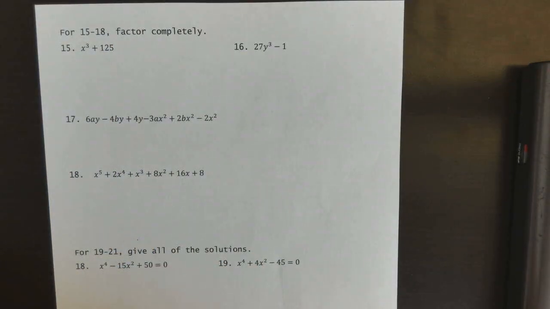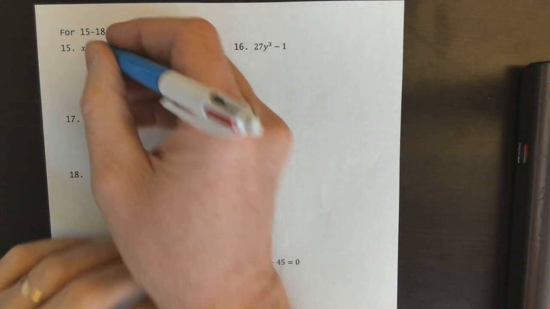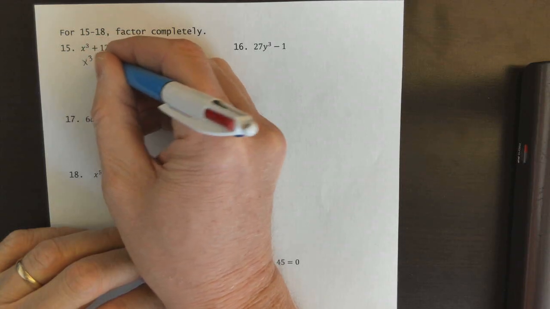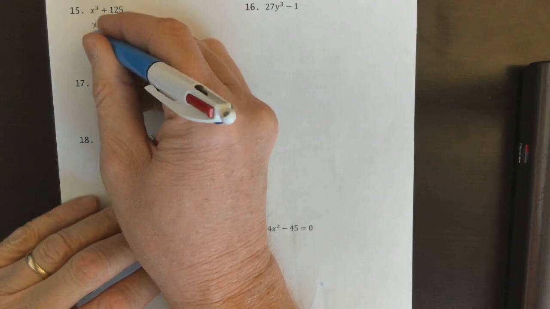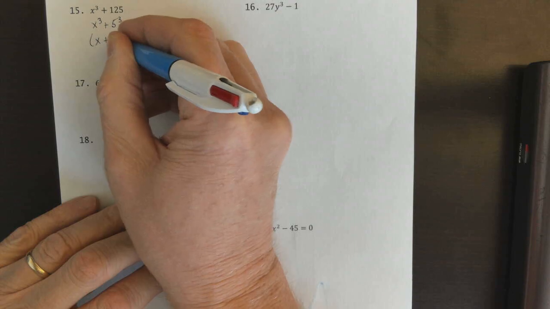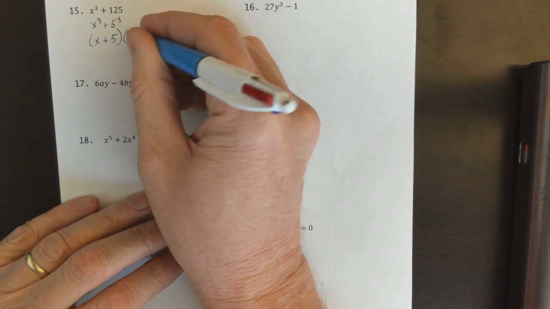All right. Now, time to do some factoring. This is x cubed plus 5 cubed. Same.